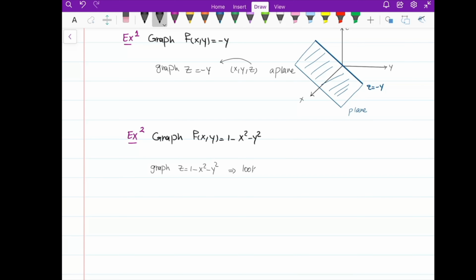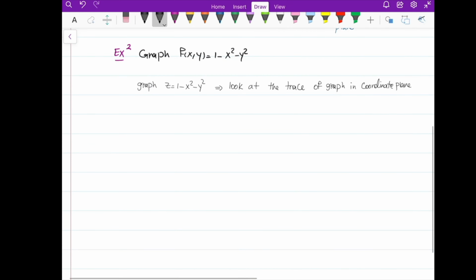I'm going to look at the trace of the graph in coordinate planes. For example, in YZ plane, x is equal to 0, so I'm going to plug in x equals 0 here. I get z equals 1 minus y squared.